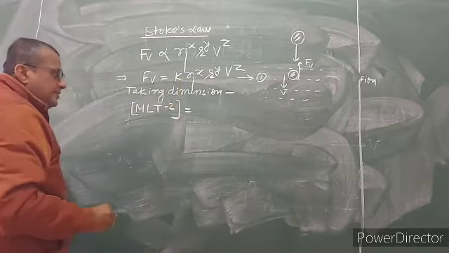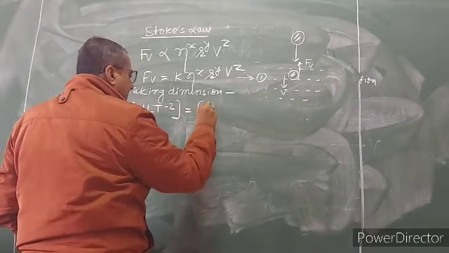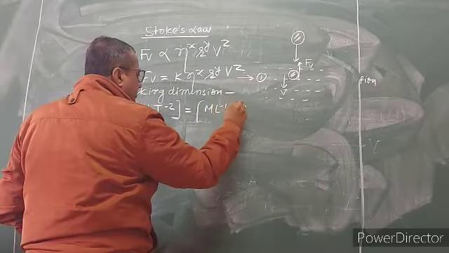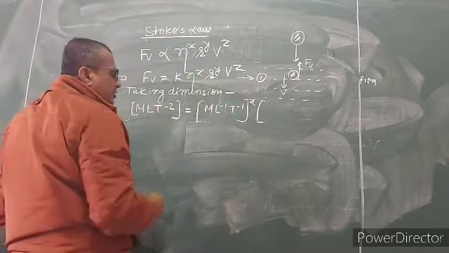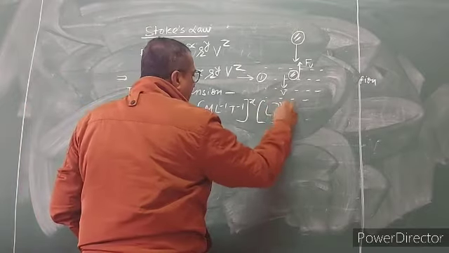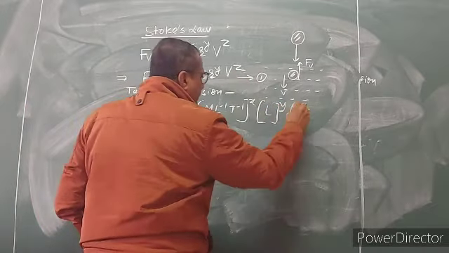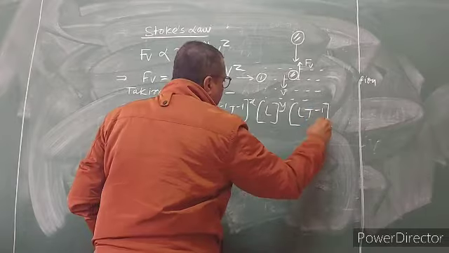K has no dimension. Eta's dimension is M L minus 1 T minus 1, to the power x. The dimension of r is L to the power y, and the dimension of v is L T minus 1, to the power z.